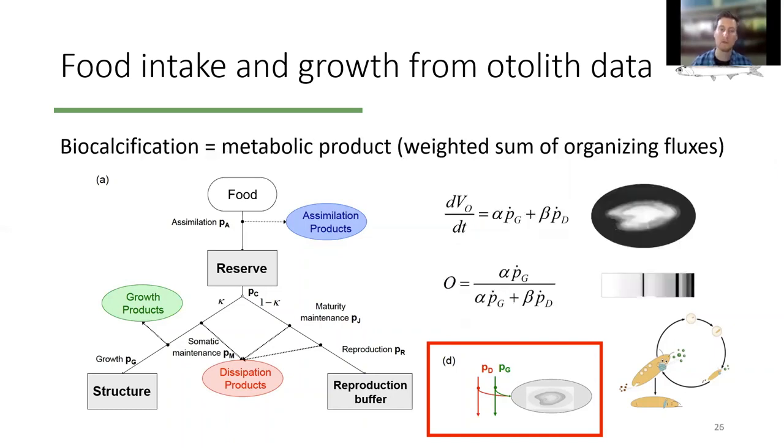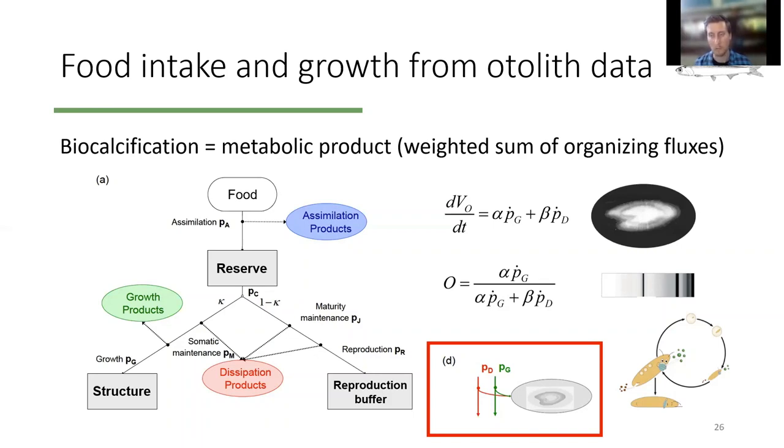And because we need to assess the contribution of these two fluxes, we introduce two parameters that will tell us what is the contribution of growth on one hand and dissipation on the other hand in the creation of this product. And so we can look at these otoliths in two ways.